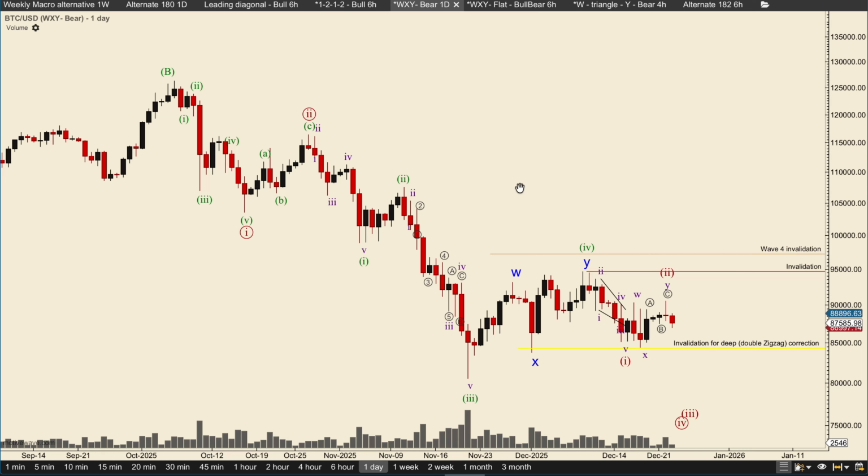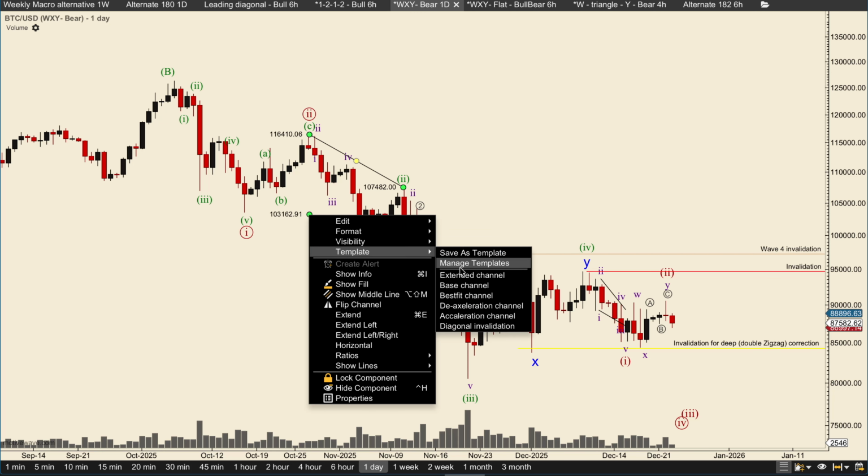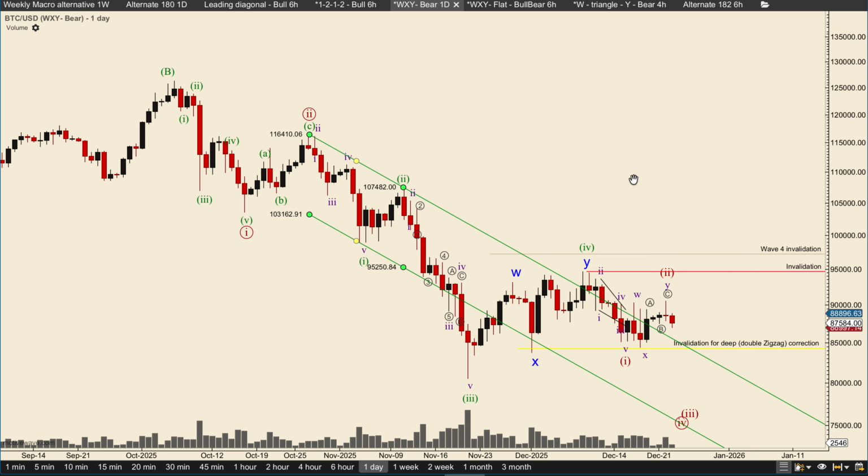But now we have touched the trend line, taking from here. So if you take a trend line like this, and you make it a base channel, you can see here that wave 4 not only touched the trend line, but it moved way past it, meaning there's a lower probability that this is a wave 4.